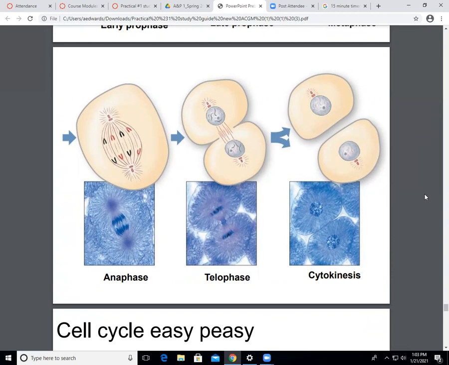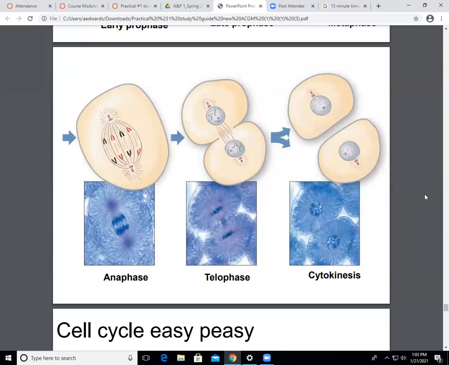Those two copies we call chromatids. They split and start moving toward opposite sides. You have these spindle fibers. They are attached to the centrioles, and they start pulling those sister chromatids to opposite sides.